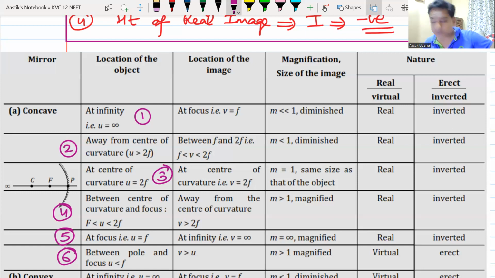So again, this is a task for the other class to find out where the image is formed and what is the nature of the image. That is what you will do before coming to the next class so that we can move further ahead in our discussion. For convex mirrors, there are only two positions possible.